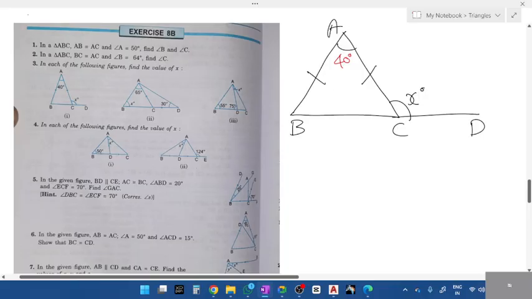What kind of triangle is this? ABC. Look at the markings. Isosceles. Which two sides will be equal? Don't start with angle A. Dia, you want me to teach how to put opposite lines?